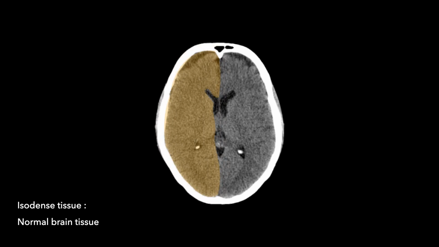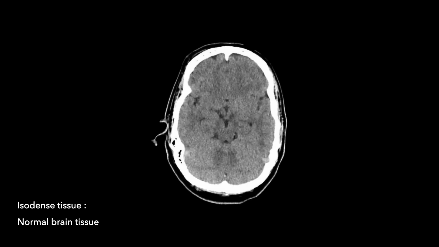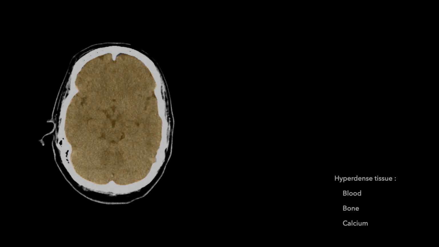So isodense normal brain tissue is measured in Hounsfield units. Isodense tissue is basically the grayish white color you see in a CT. Okay, so this highlighted in the orange color is isodense normal brain tissue. Here's another example. The entirety of the brain, this is isodense. This is the normal color of the brain tissue.